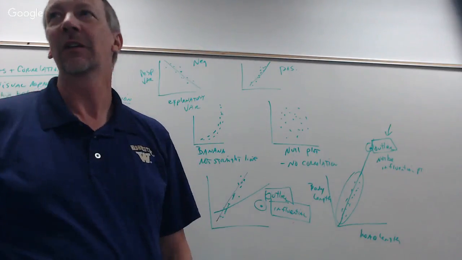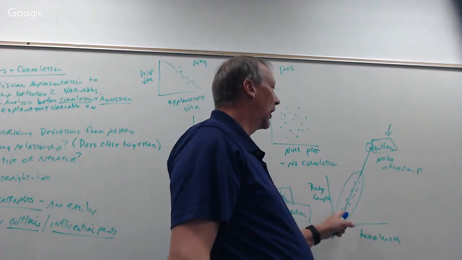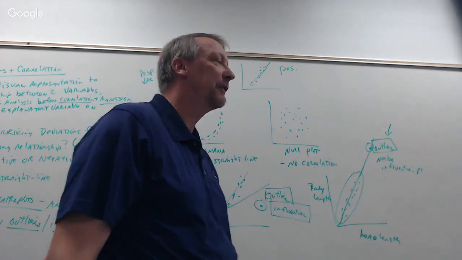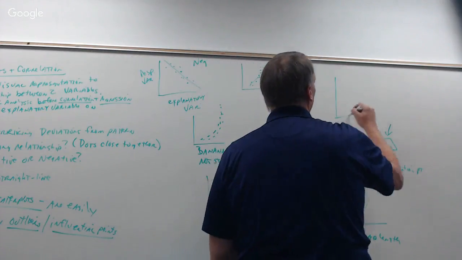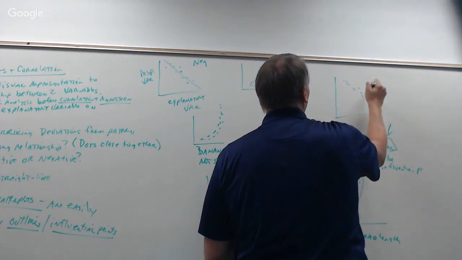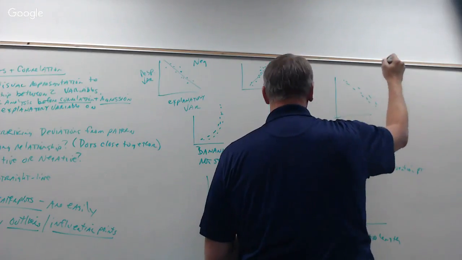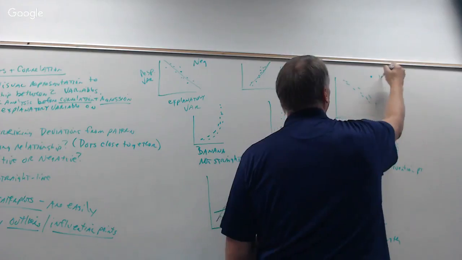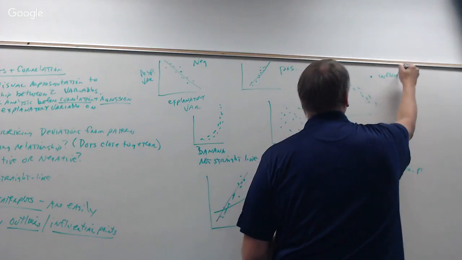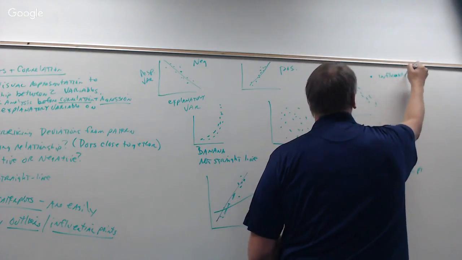Clearly that was an outlier compared to modern crocodiles, but it's not necessarily an influential point. So your influential point could be on either side. You know, I mean, it could be in the negative direction too. It could be on the top side, let's say. And so the problem is this would definitely be an influential point. Influential.